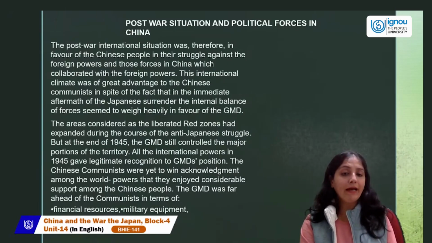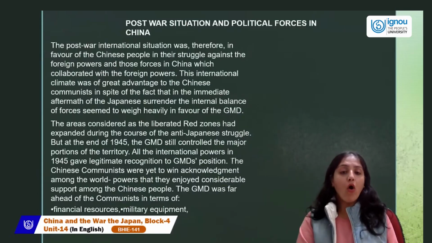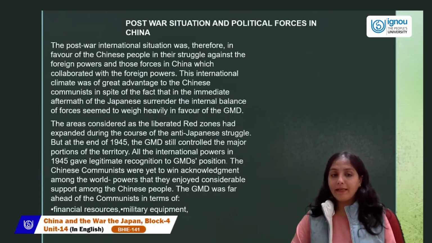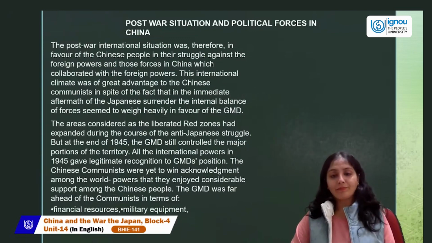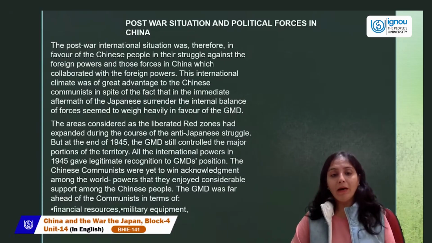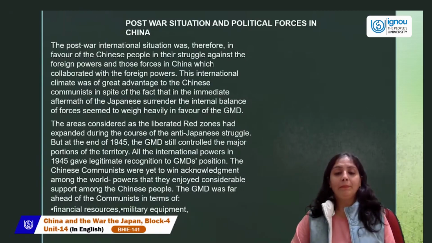The Kuomintang was controlling properly. All the international powers in 1945 gave legitimate recognition to Kuomintang's position. The Chinese communists were yet to win acknowledgement among the world powers that they enjoyed considerable support among the Chinese people.